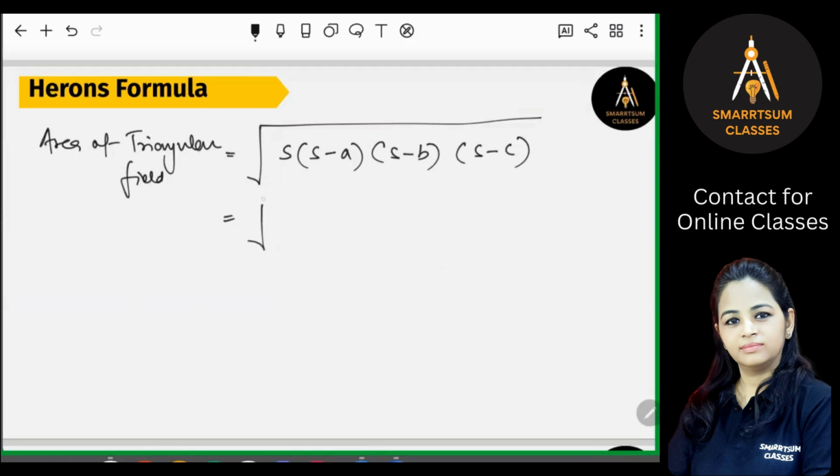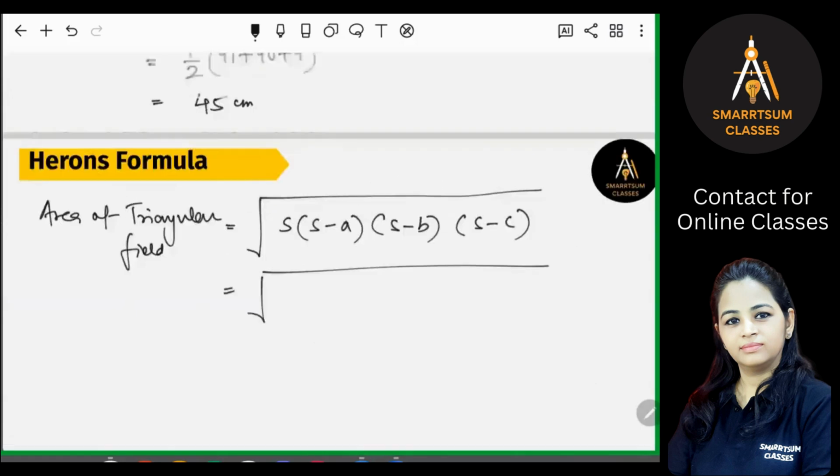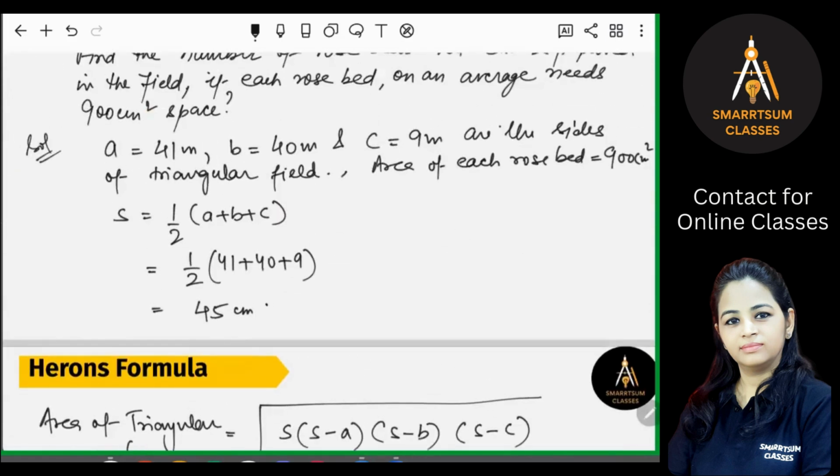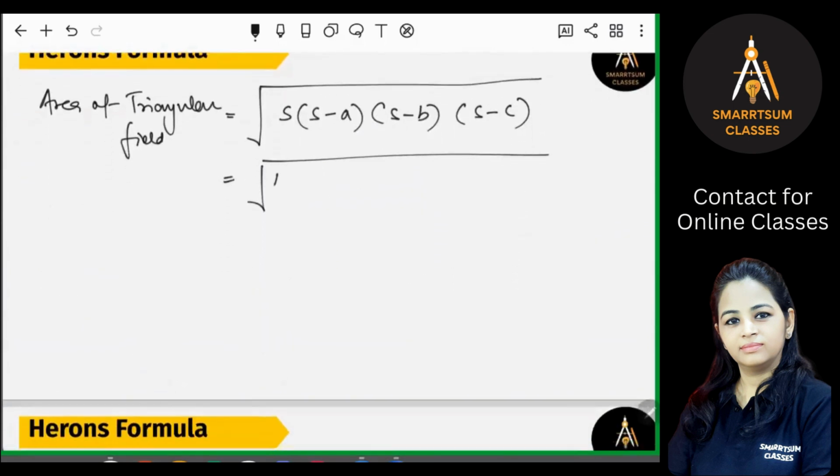Now we will put the values. S is the semi-perimeter which we have just calculated, 45 meter. This is not centimeter, it is corrected, 45 meter. So write down 45 into 45 minus 41, 45 minus 40, and 45 minus 9. We have put all the values here.